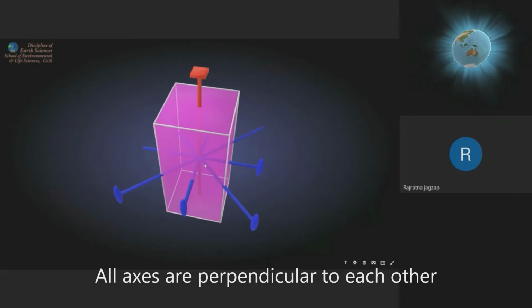So what is the common relation between A1, A2 and the C axis? They are perpendicular to each other. Only this is the common characteristic, right?